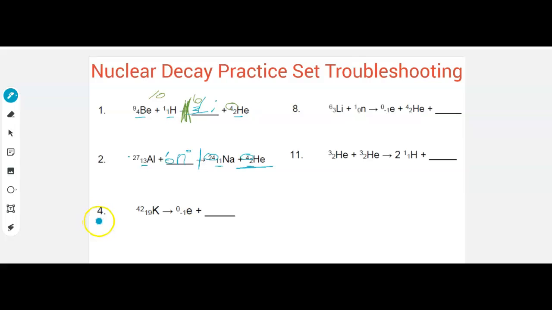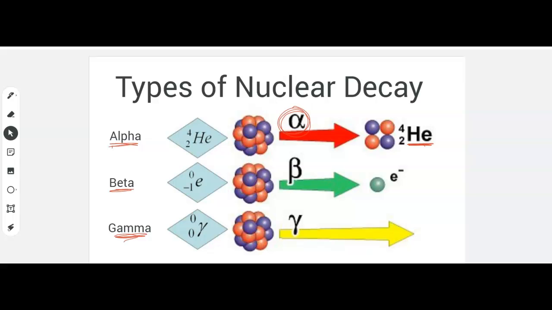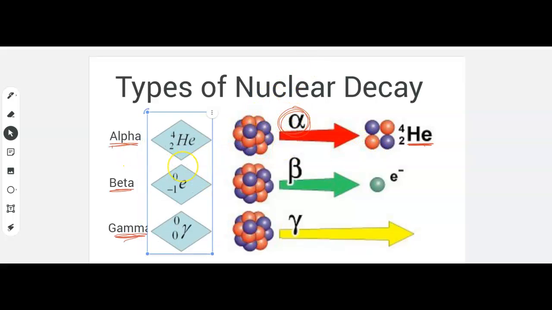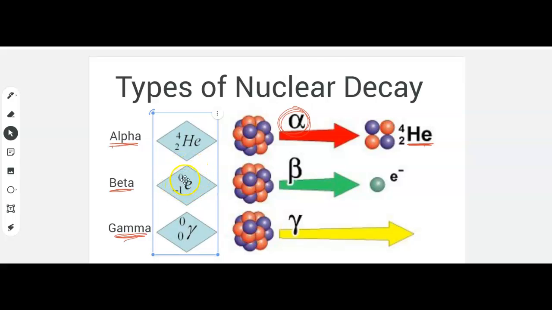Now let's take a look at number 4. Number 4 is a different kind of decay. Notice I don't have a helium nucleus here. I have an electron, and that's a completely different type of decay. If I look at this other type of decay, that's actually a beta particle. So that is my beta particle here.